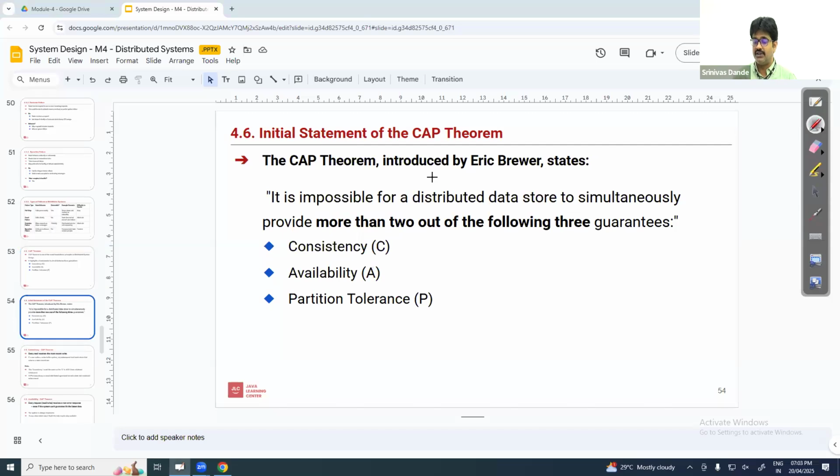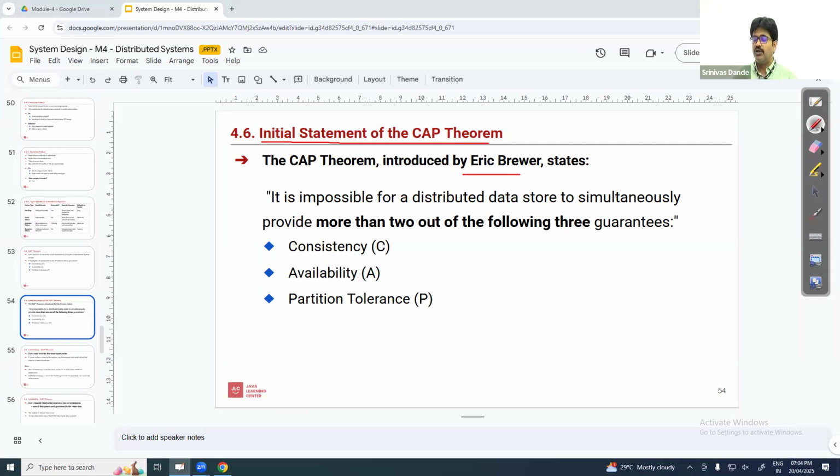First we'll take an initial definition, understand it, then we'll conclude with a final statement of CAP theorem. So let's start with the initial statement of CAP theorem.